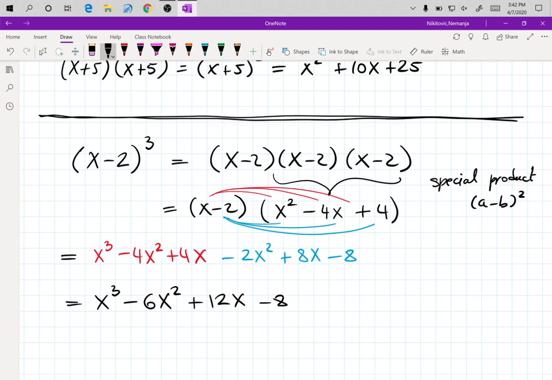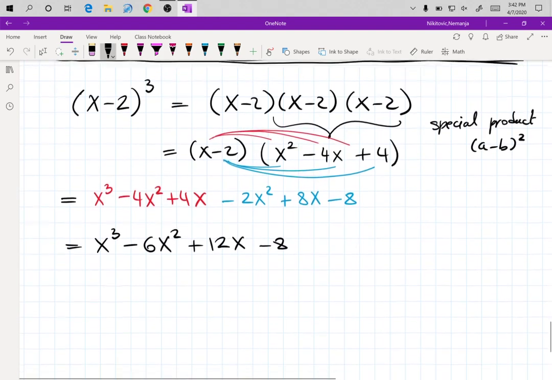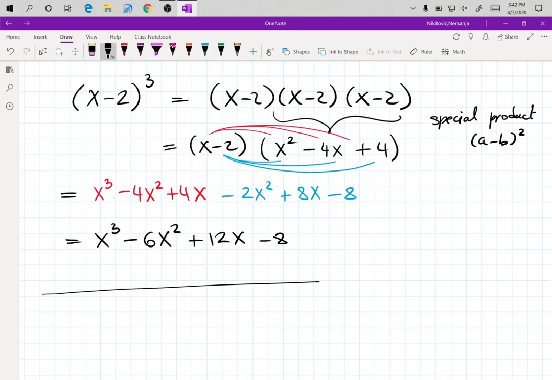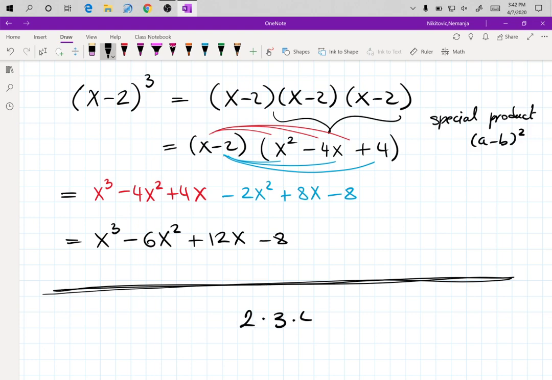So they do give you a couple of these exercises to practice with the cube. So I'm just going to do one more, one from the homework, so you can follow along. But you multiply 2 of these first. It's just, guys, the same like multiplying 2 times 3 times 4, right? You can't multiply all 3 at once.